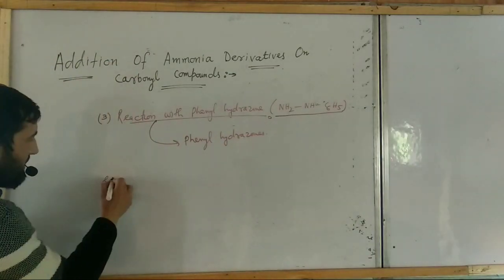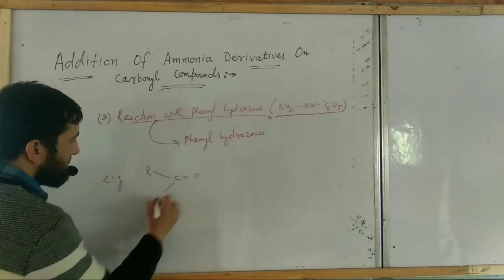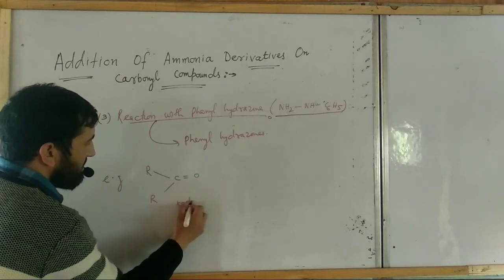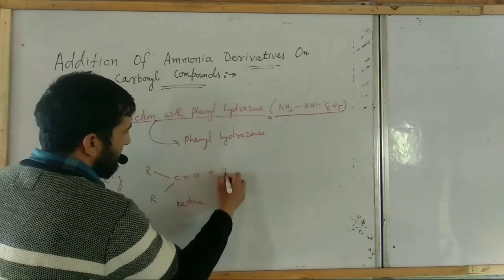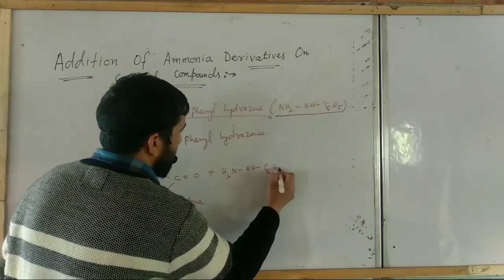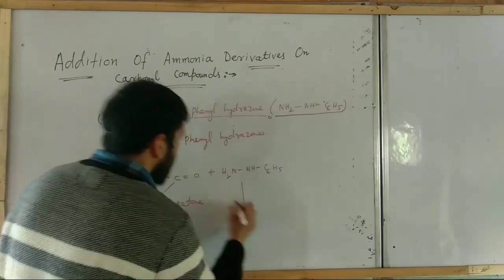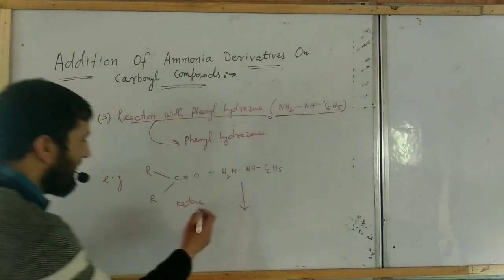For example, if we take the example of a ketone like this, R C double bond O, single bond R. This is our ketone. When it reacts with the phenylhydrazine like NH2, NHC6H5, there occurs the formation of hydrazone. So यहाँ पे corresponding phenylhydrazone बनता है like this.